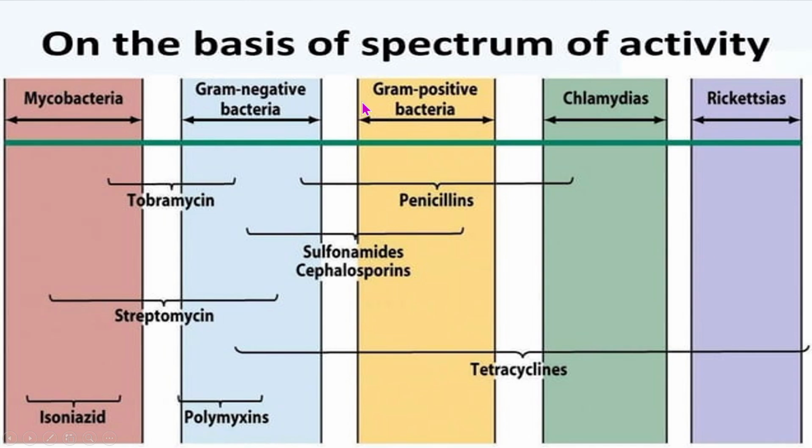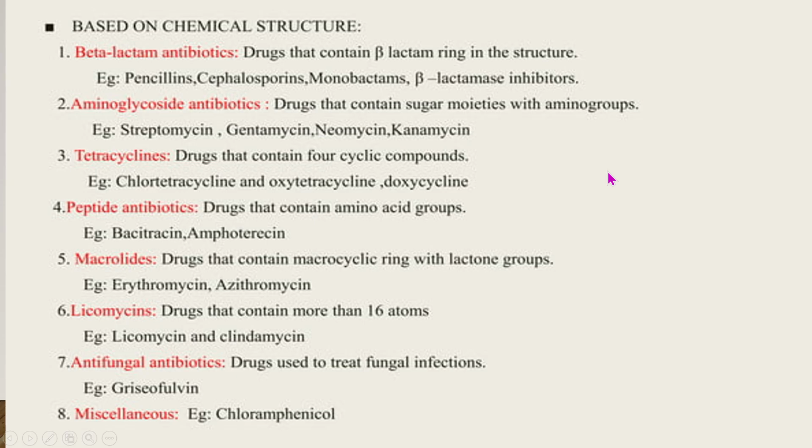But there are classes of compounds which show broad spectrum action towards both gram-negative and gram-positive bacteria, as well as chlamydiae and rickettsiae. Penicillin is one class of compound which shows action towards gram-negative, gram-positive and other sorts of bacterial infections. So this depends upon the spectrum of activity.